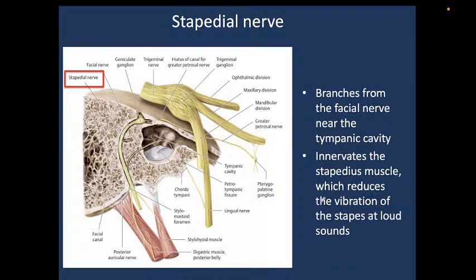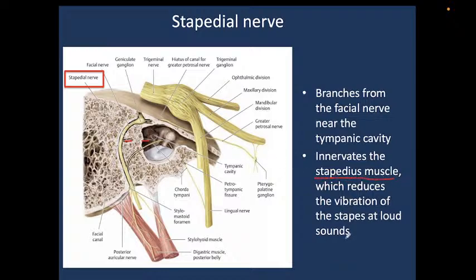The second branch of the facial nerve is called the stapedial nerve. It is really small. If you take a look at this figure, you see small and thin fibers starting from the facial nerve and coming into the stapedius muscle.